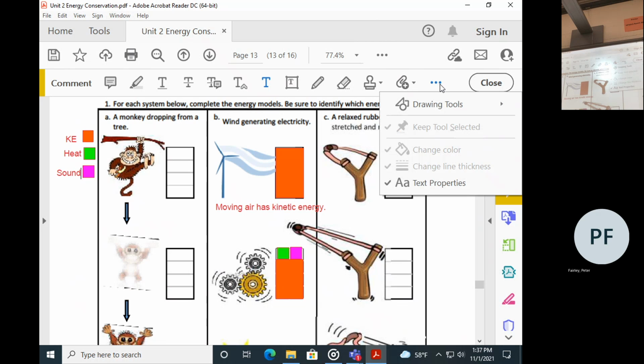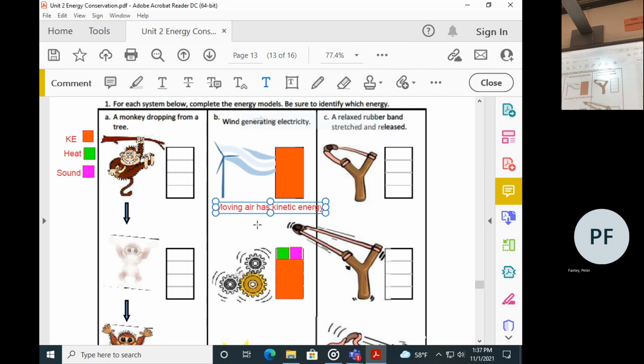And then what happened to this energy? Is it still in the system or was it lost to the air? The heat and the sound, that was lost to the air, huh? So I need to make a note of that. I'm going to draw an arrow first of all, showing that these are lost.